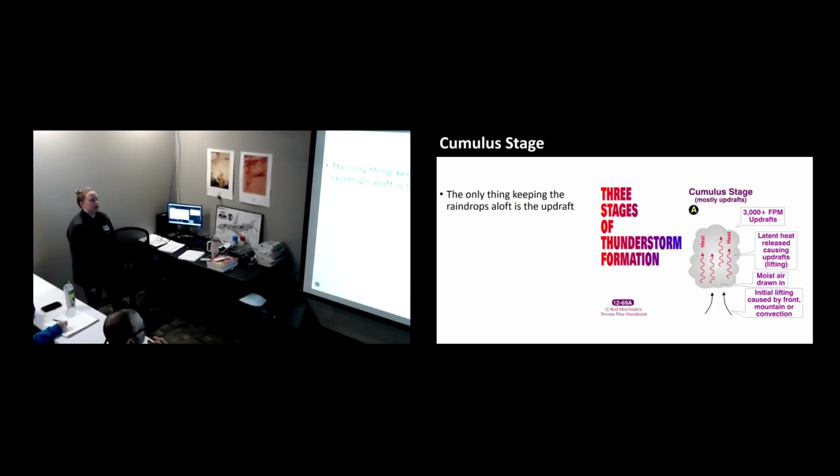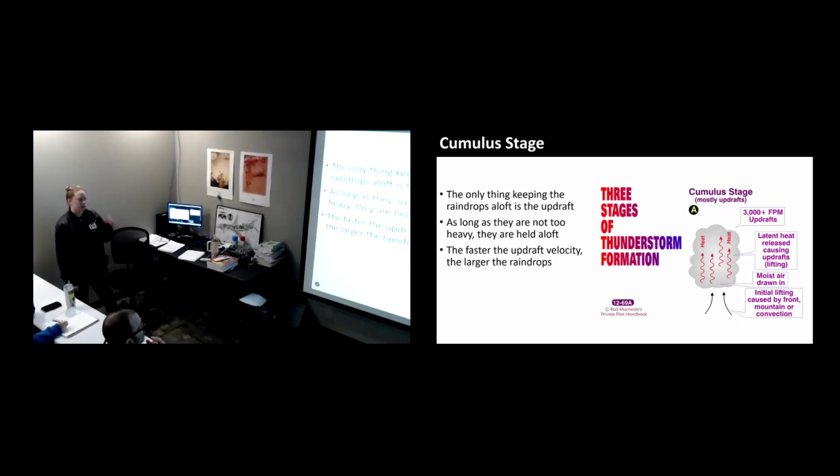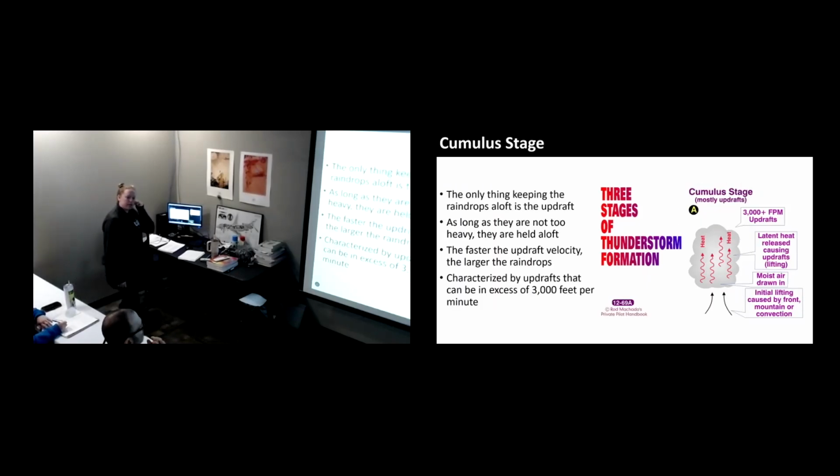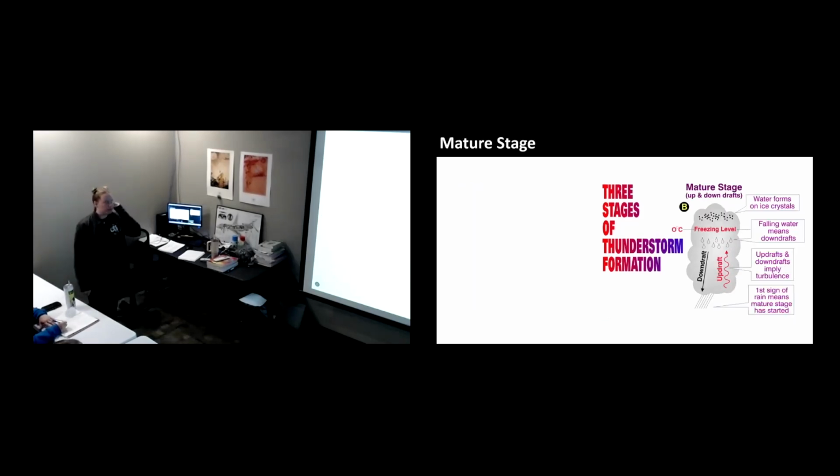The only thing keeping the raindrops aloft is the updraft. So as soon as that updraft stops, it's all going to rain down. You can get in excess of 3,000 foot per minute updrafts. Can you imagine what that's going to feel like if you fly through it? You're going to hit your head on the ceiling.